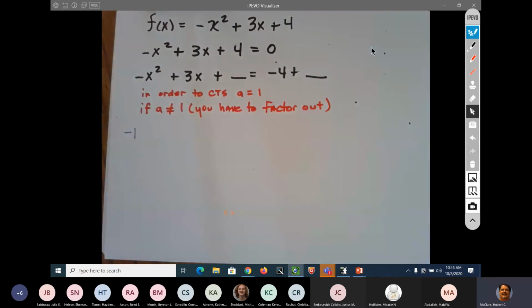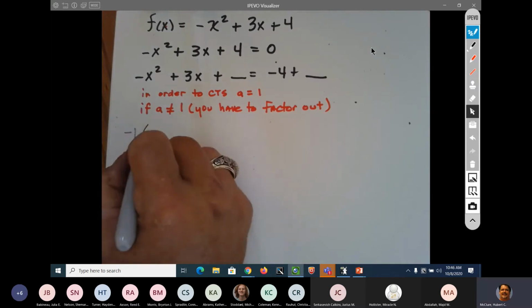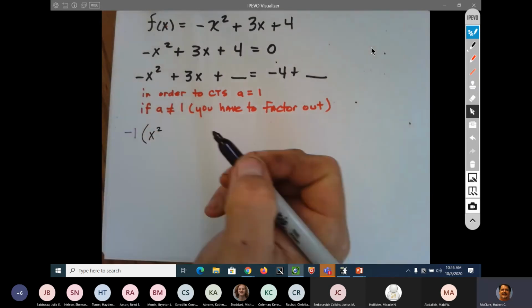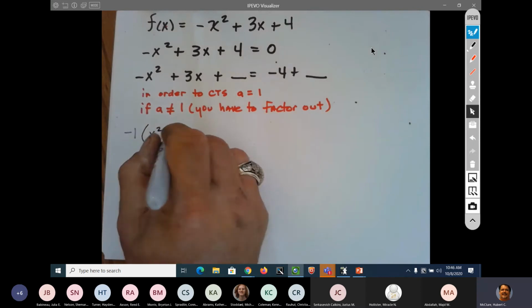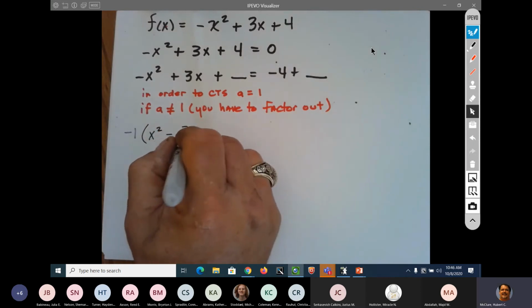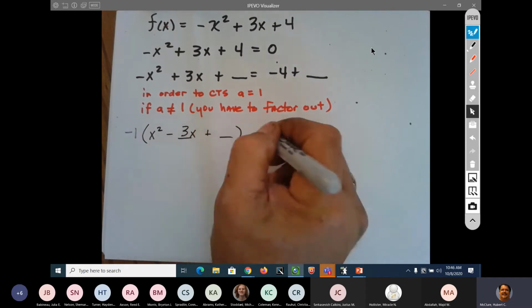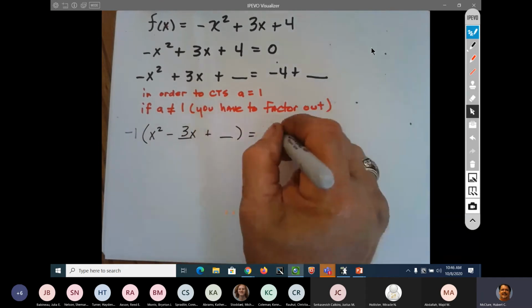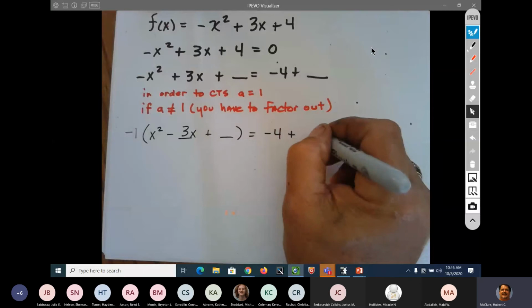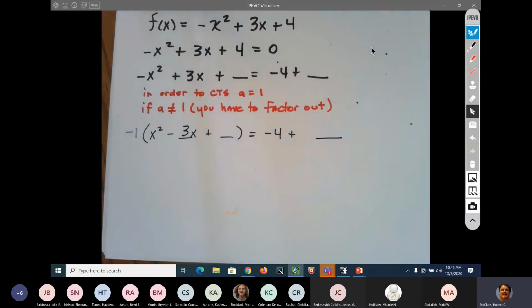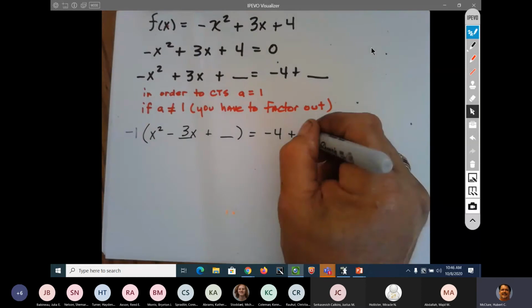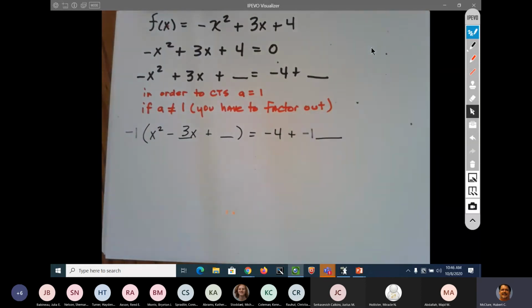If I factor out a negative 1, that's going to give me x squared minus 3x plus blank is equal to negative 4 plus blank. And if I factor out anything, I have to multiply it by this right side blank.